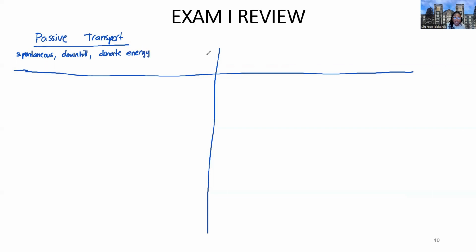And we can compare that to active transport, which is non-spontaneous. It's going to be uphill, so it's going to take some energy. It's going to require energy input.